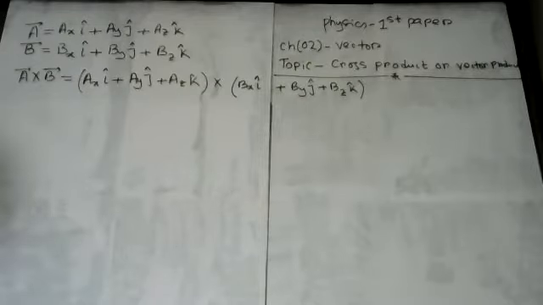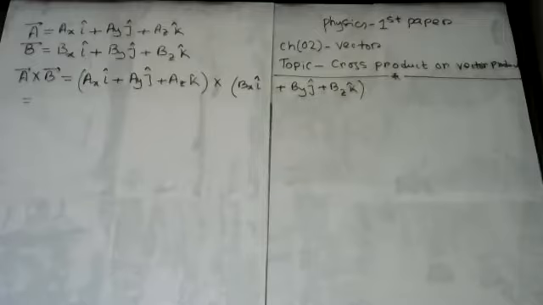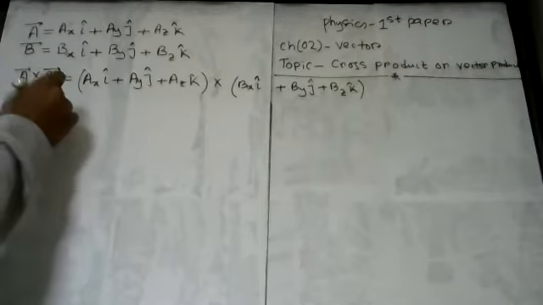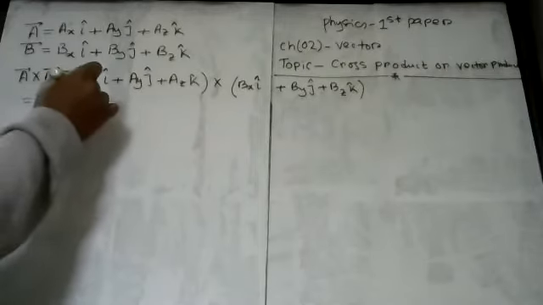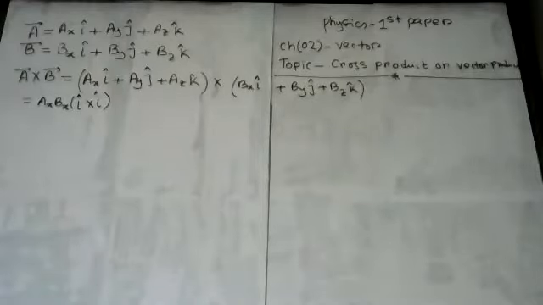On this concept, at first I'm going to consider ax i hat multiplied with this whole vector B. So this is ax bx, and the first one is i hat cross i hat. Here the scalar multiplies with the scalar, and the vector is multiplied with the vector using the cross product.